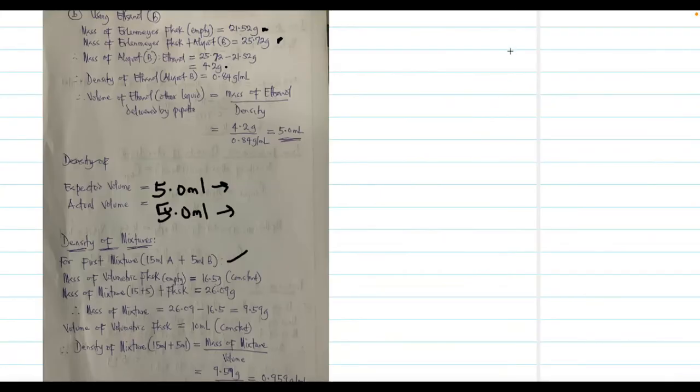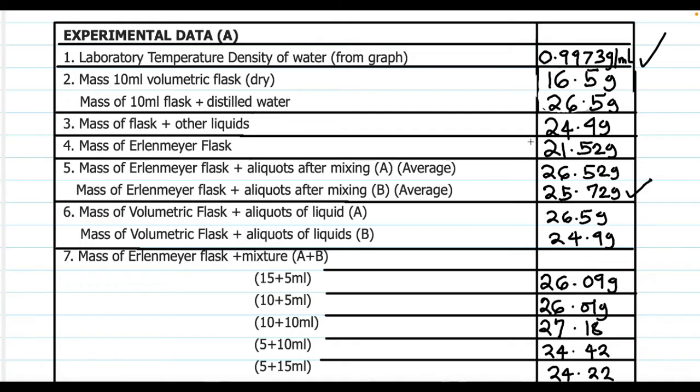For the mixtures, the first mixture is 15 plus 5. A is water, B is alcohol. The mass of the flask when it was empty is constant, because we already got this mixture. We got 26.09 after we mixed the 15 plus 5, transferred it into a volumetric flask, and weighed it.